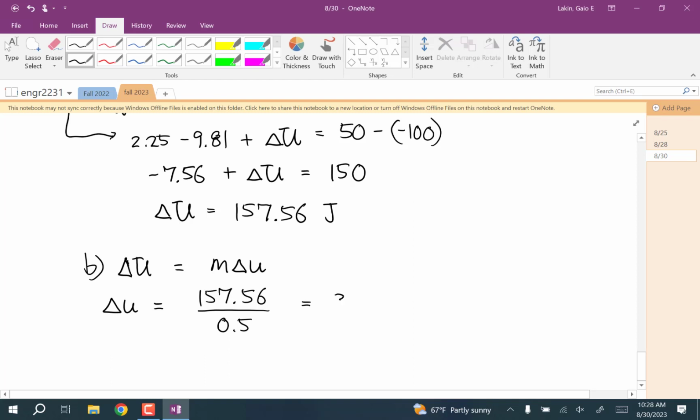And so that is 315.12 joules per kilogram. Okay? Yeah.